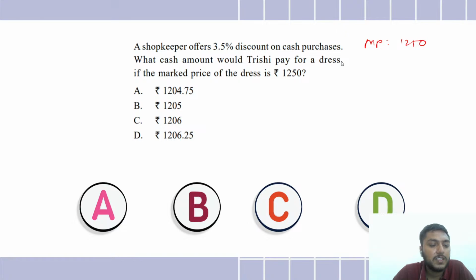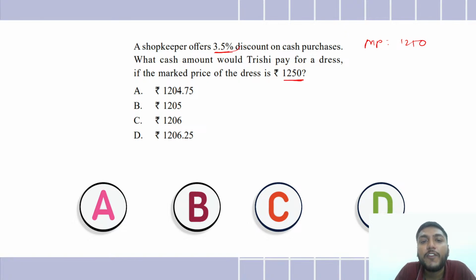Tanisha. Okay, all right. Now what we can see is the discount is always applied on marked price, right? So if the discount is 3.5% of marked price, what is the discounted percent? 96.5, right? Why 96.5? Because the marked price is 100% of itself.